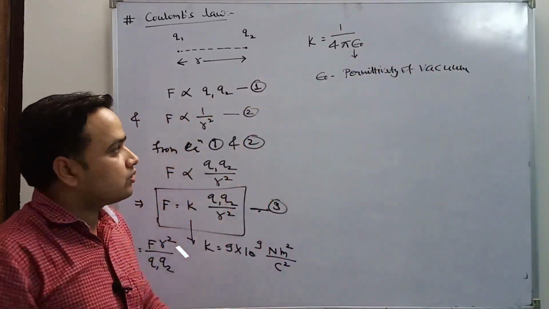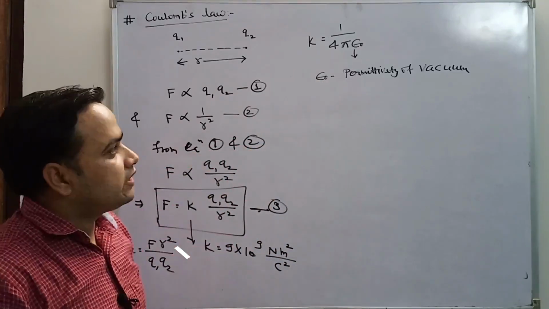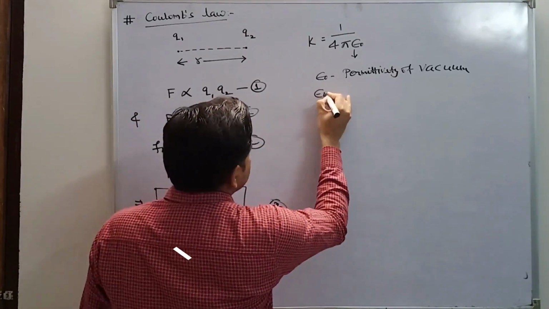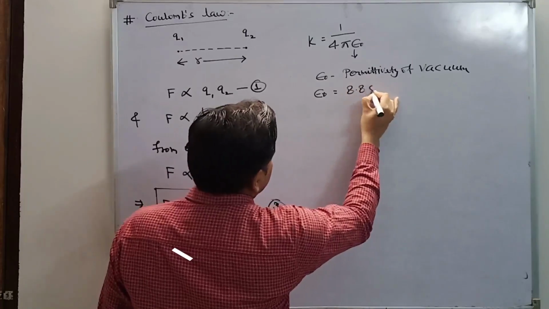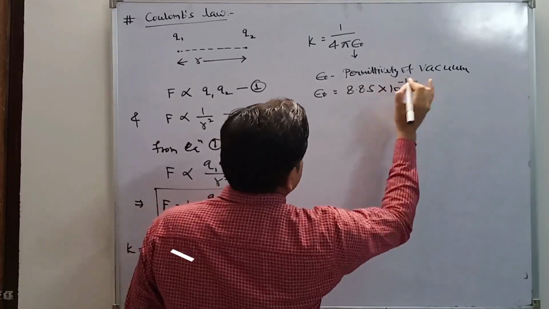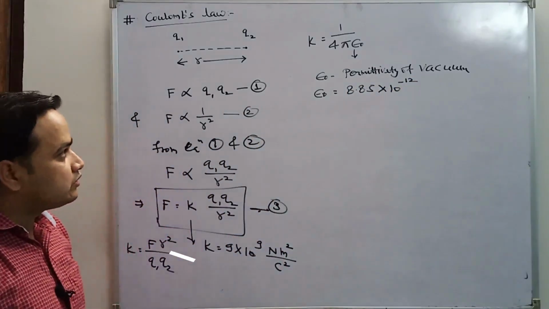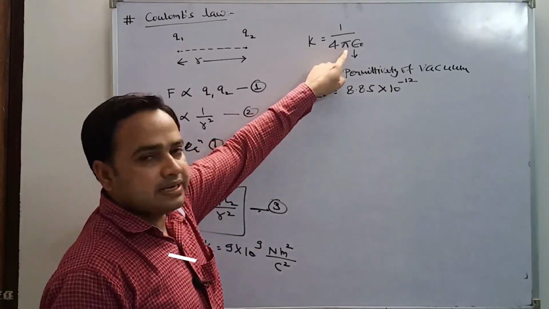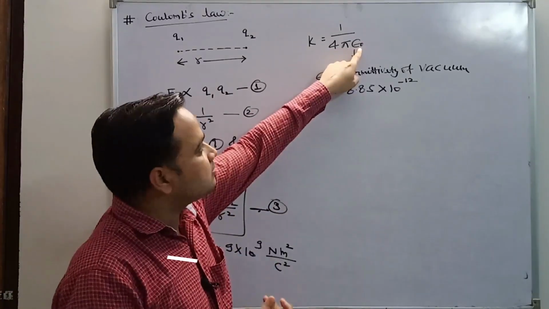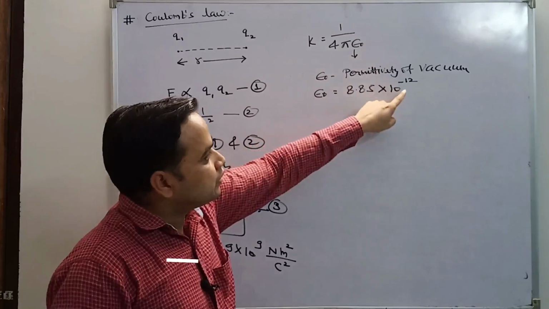Clear? Epsilon naught, permittivity of vacuum, and its value is 8.85 into 10 raised to minus 12, and its unit, look here, 4 pi is a constant, epsilon naught is also a constant, but it has some unit.